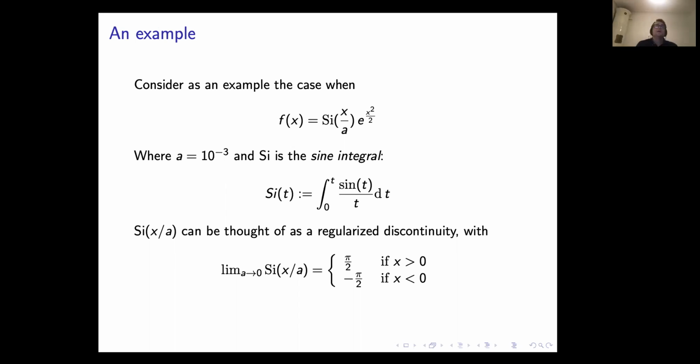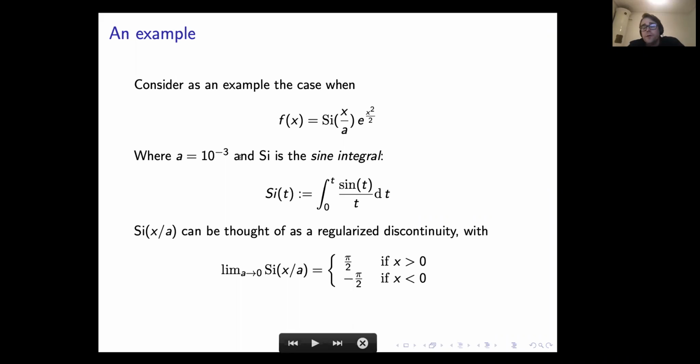Okay, so this is now a very concrete example. We assume here that there is no noise. f of x is given by the so-called sine integral, times e to the, there's a typo here, sorry. It should be sine of x divided by a, times e to the minus x squared divided by 2. Okay. a is a small number.